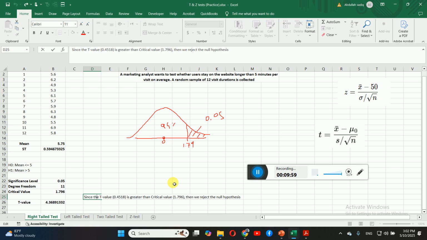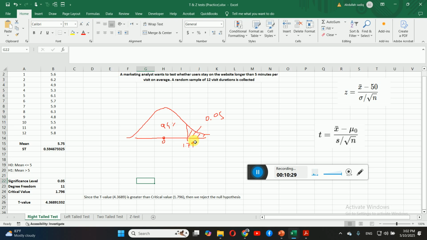So you can see here the value is 4.3689. Look here: when you compare the critical value, which is 1.796, with the t value, which is 4.368, the 4 is in this shaded area.